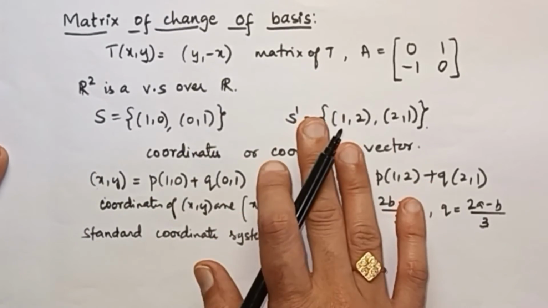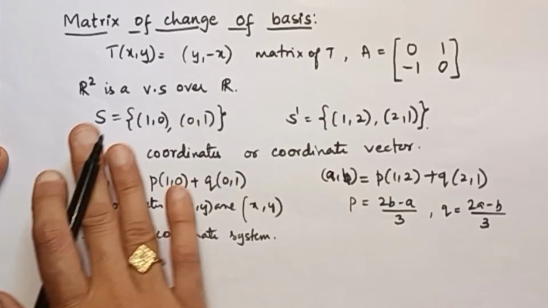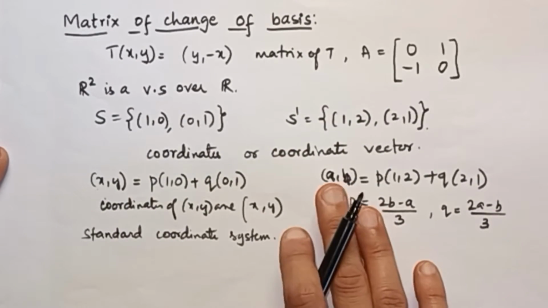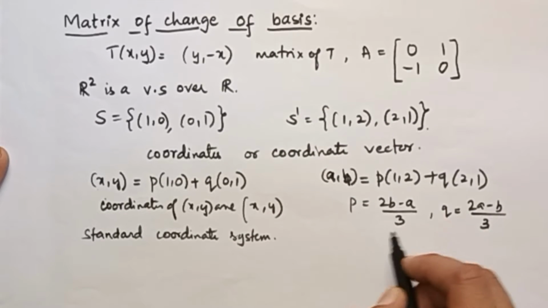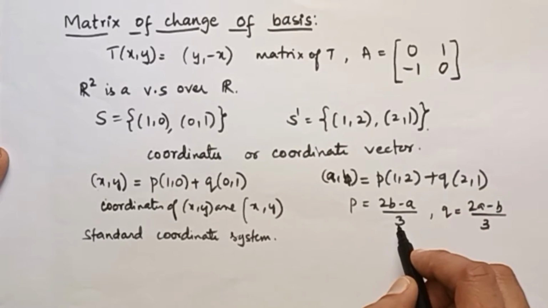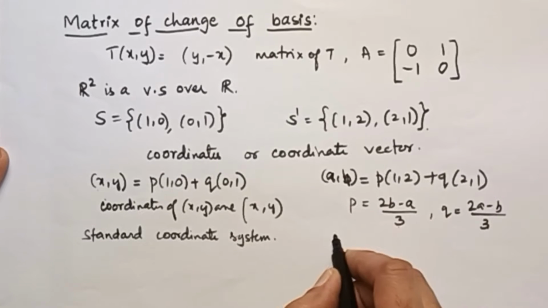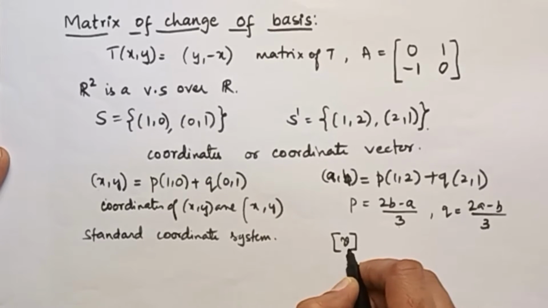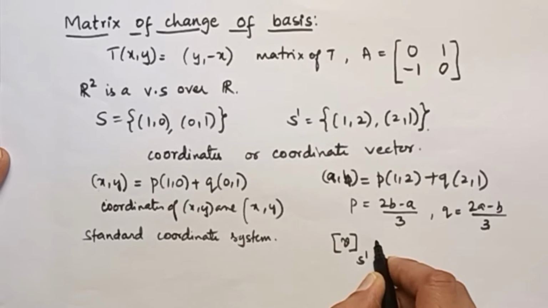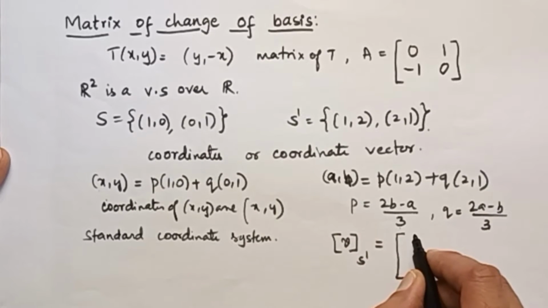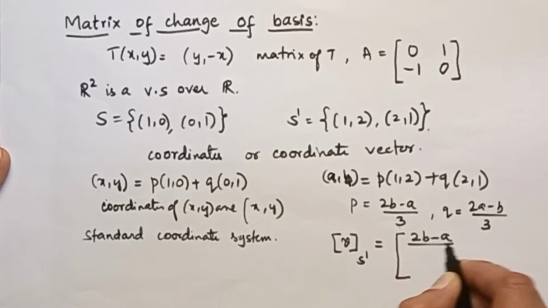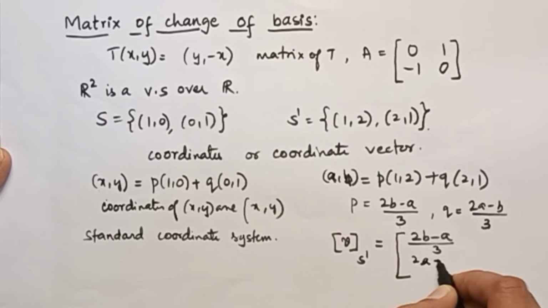When you take some basis other than the standard basis, then every vector with respect to that basis has coordinates of the form (2b minus a) by 3 and (2a minus b) by 3. That means if v is your vector, the coordinates of v with respect to S dash are given by (2b minus a) by 3 and (2a minus b) by 3.